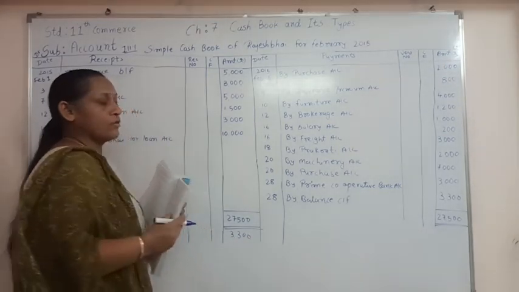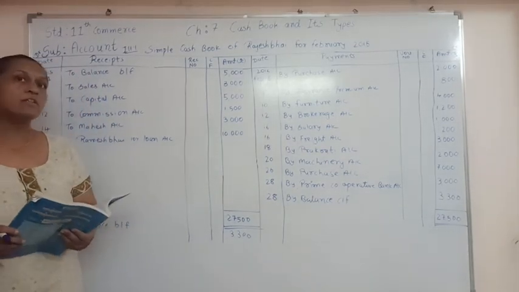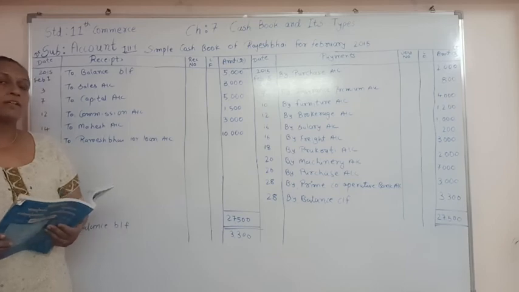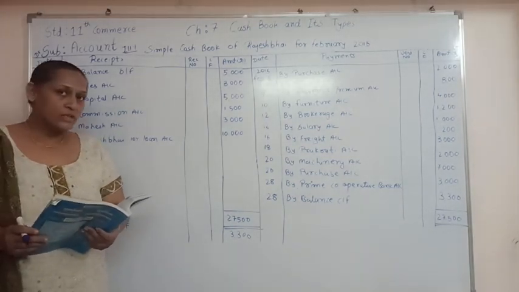This is how we are supposed to finish the sum and find out the balance of the cash account. Students, you may note this down in your notebook. Thank you for watching this video.